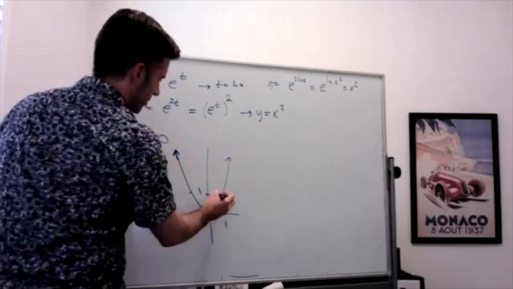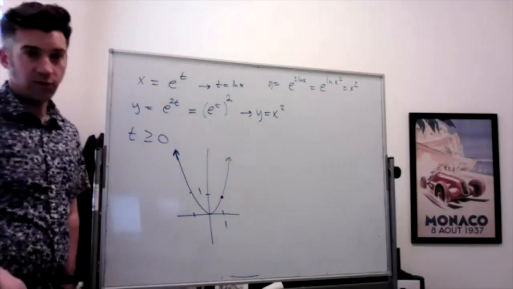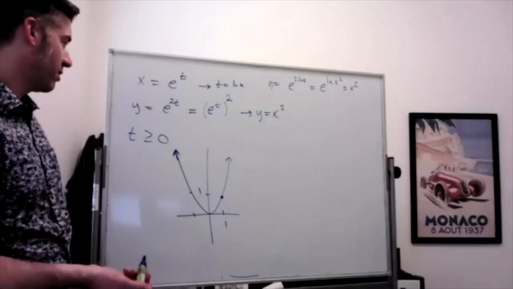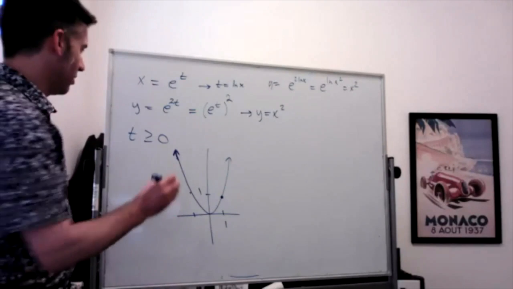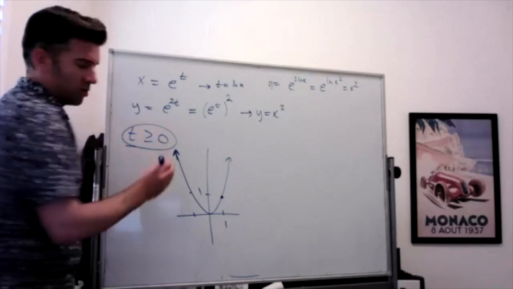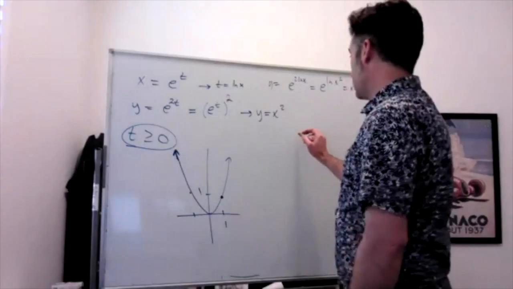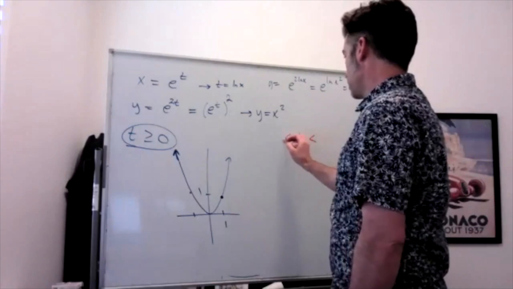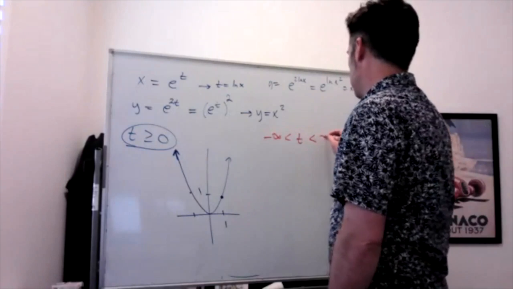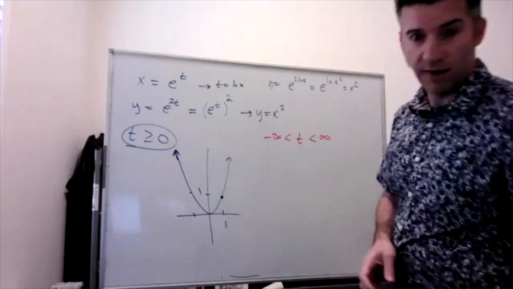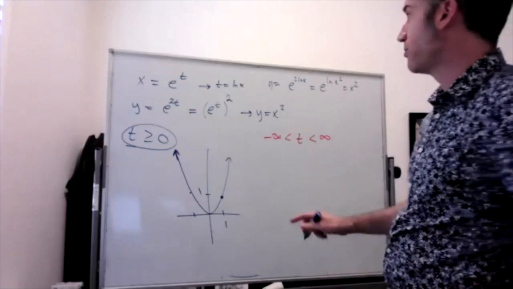The problem is, our domain is restricted. In fact, I'm going to show you two different domains. So let's do t greater than or equal to 0 in blue, and let's say t can be anything in red. So t has to be greater than or equal to 0.